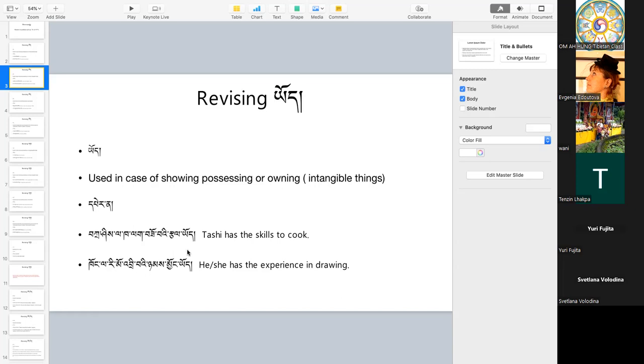We have the subject, the object over which we are showing the possession, and then finally the confirmation of the possession, really the possession and owner relation between the subject and the object.